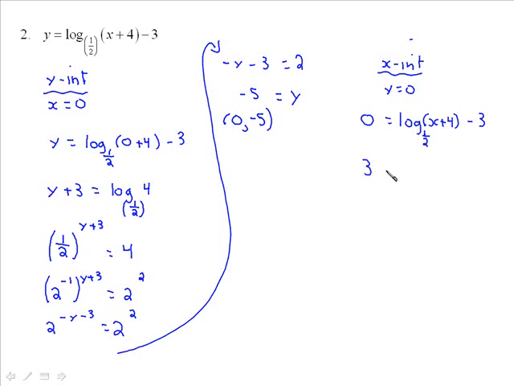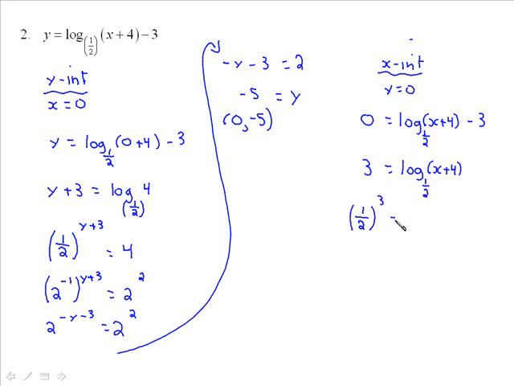Add the 3 on to both sides and we get 3 is equal to the log of x plus 4 base 1/2. So it's so important that you can go into exponential form, because you look at this one and it's a single little logarithm, and how do you solve this? You can't really, unless you're really good. So put it in exponential form and then you just have an equation, and it usually is a type 2.